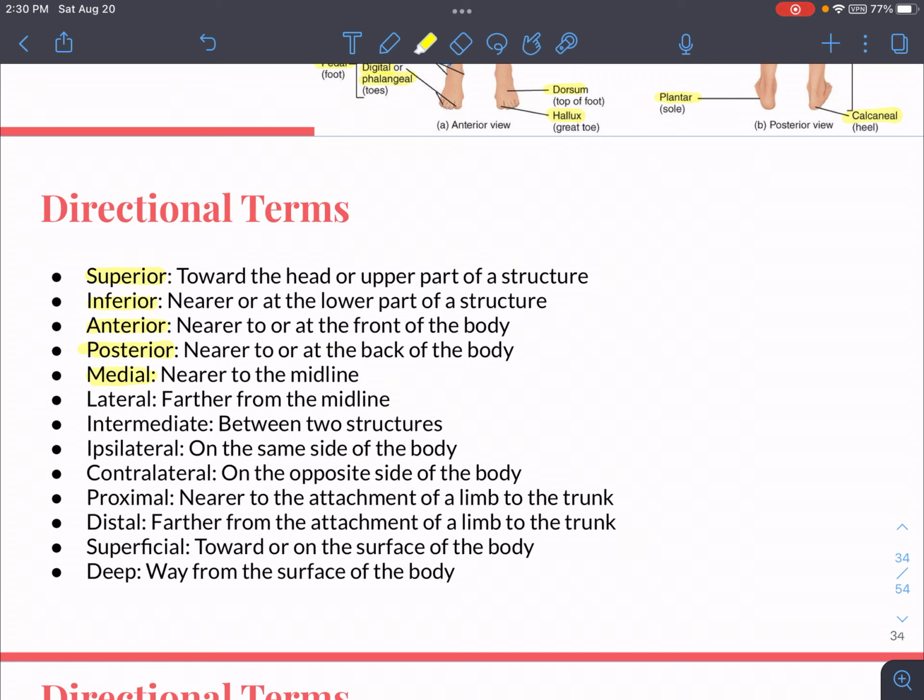We have intermediate, or between two structures. So my clavicle, those bones, is medial to your shoulder. It's the top part in the front, your collarbone is what people will call it. Your clavicle is intermediate to my shoulder and my sternum.